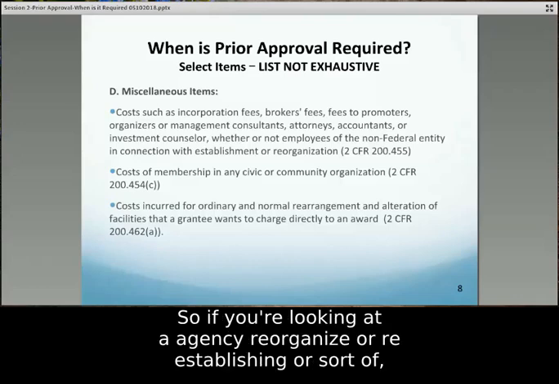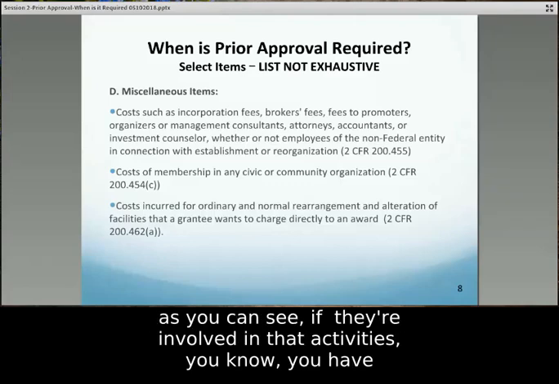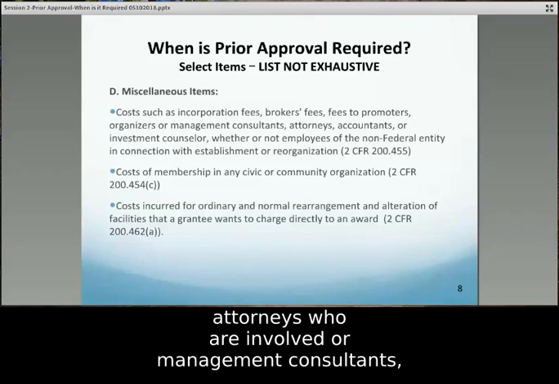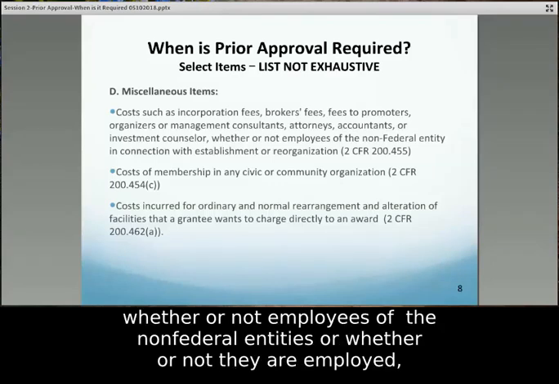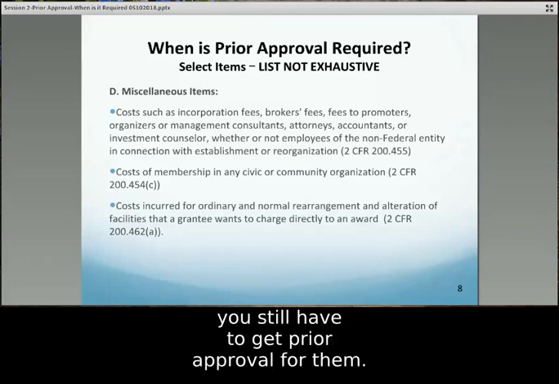So if you're looking at an agency reorganizing or reestablishing, in many instances part of a broader government function at the state level, and they're involved in those activities, or you have attorneys or management consultants involved, whether or not they are employees, if they're employees and they're conducting these activities, you still have to get prior approval for them.